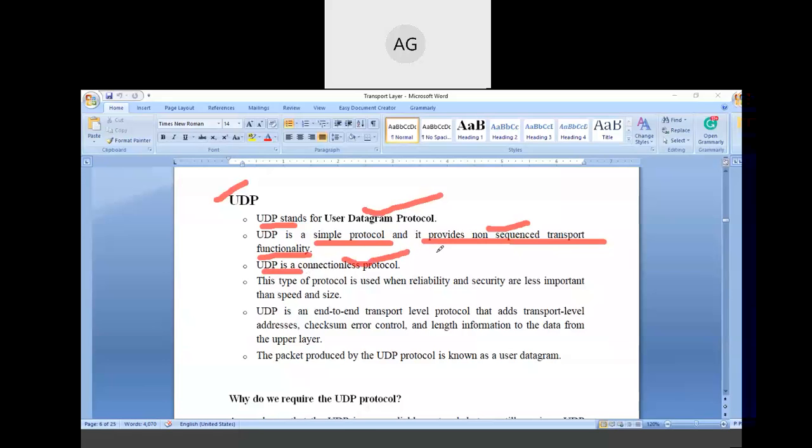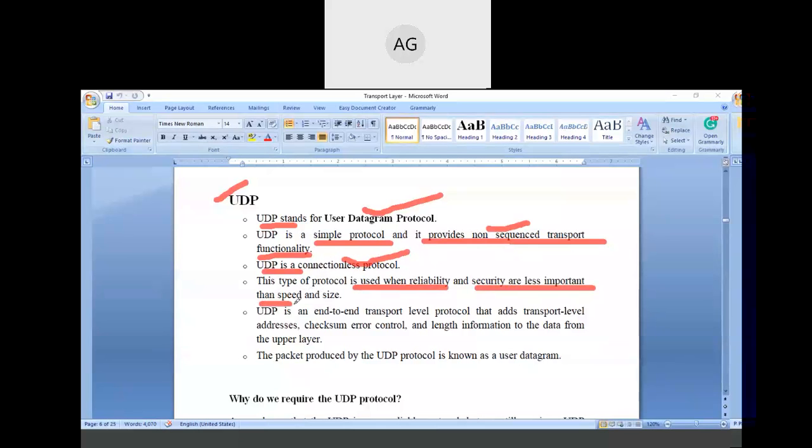So just remember it: whenever there is a question in your objective examination or in your competitive examination, give the name of a connectionless protocol, UDP is a connectionless protocol. This type of protocol is used when reliability and security are less important than speed and size.